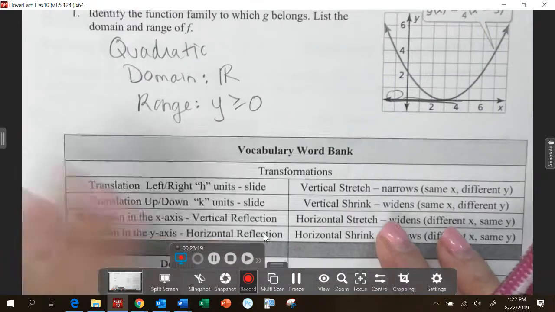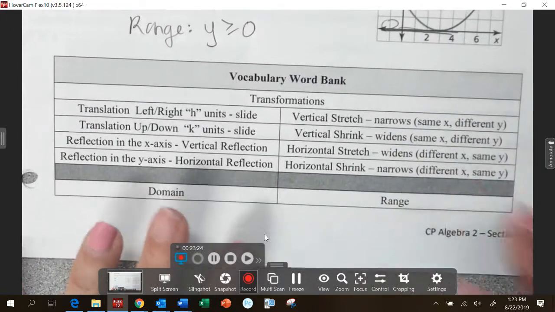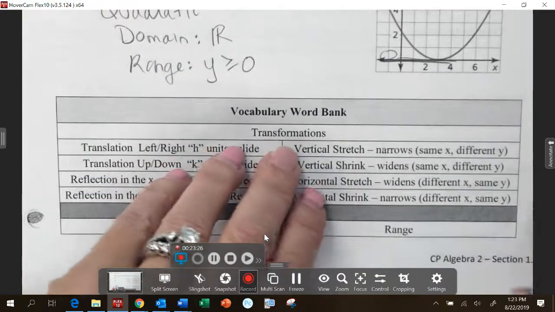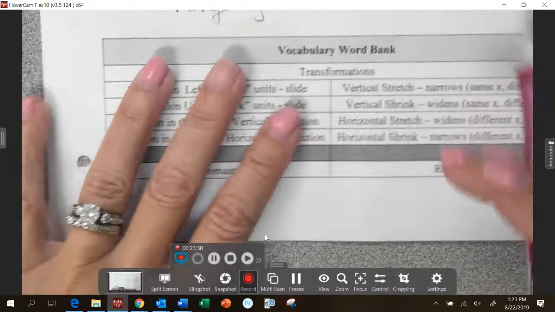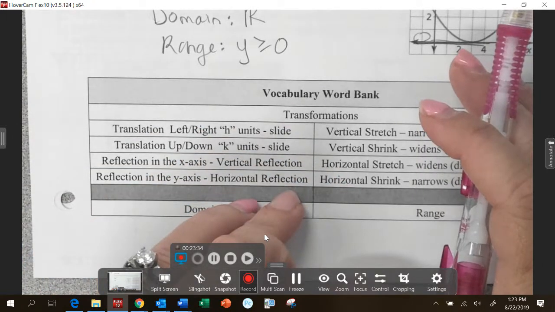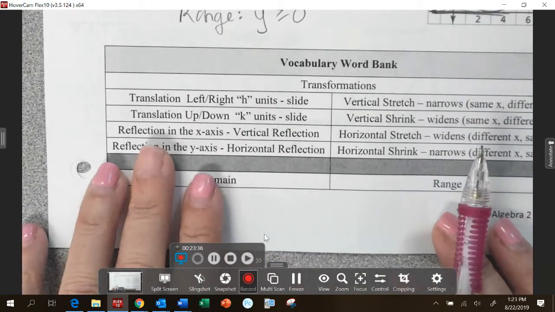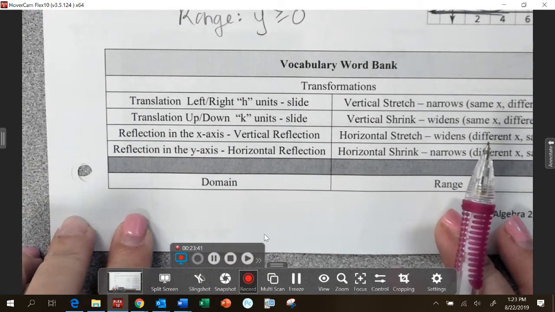Okay, there's some vocabulary word bank right here, which we haven't talked about yet. And of course, this was supposed to be printed on the paper with the next side, so it might be a little confusing. But I think I've repeated it enough that you don't have to keep flipping. The main words that you should know after today are going to be translate and reflect.